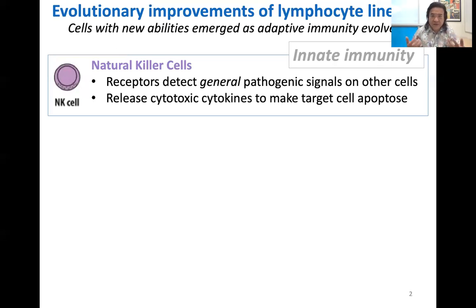And these are the certain types of proteins and genes that over many, many millennia of evolution turned out to be very useful, right? So again, that's why we consider the natural killer cell still functionally part of our innate immunity, right? It cannot adapt. It cannot learn anything new. It just does what it does.